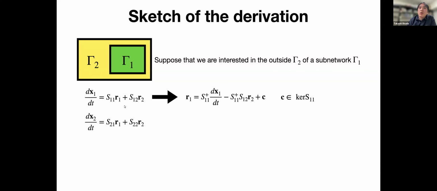And because we are interested in gamma 2, we want to express things in gamma 1 in terms of gamma 2.